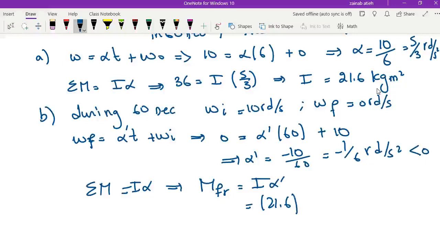And there was only friction, and alpha prime was a deceleration, and I will get minus 1.6, which is equal to minus 3.6 Newton meter.